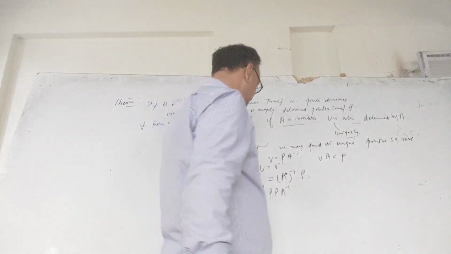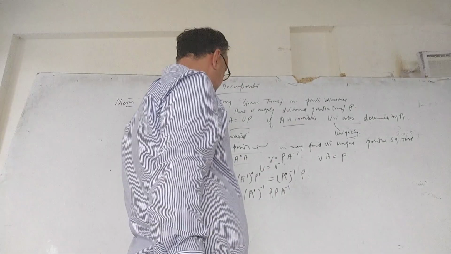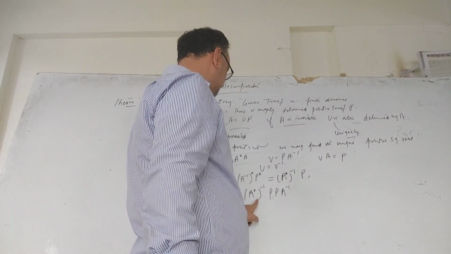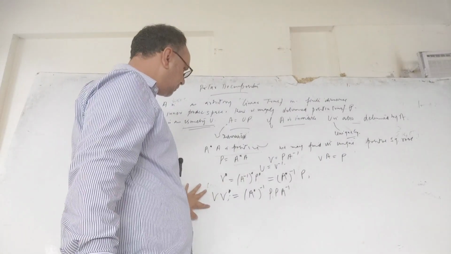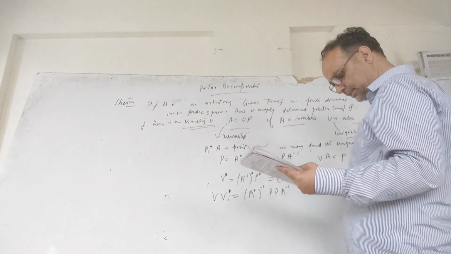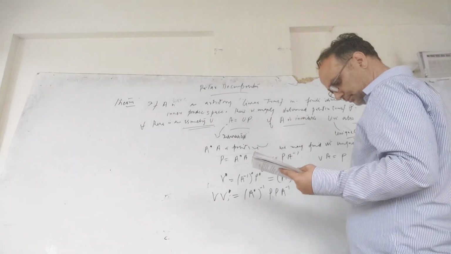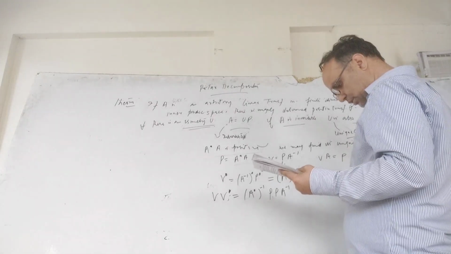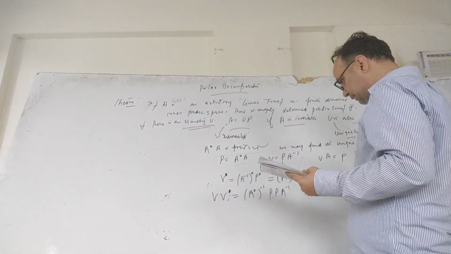Now VA is equal to P, so V star is equal to A star inverse, and we can write P in terms of A star A and A inverse.